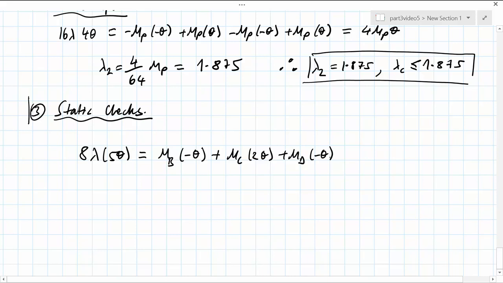For mechanism 2, MB is equal to MP and MD is equal to minus MP.